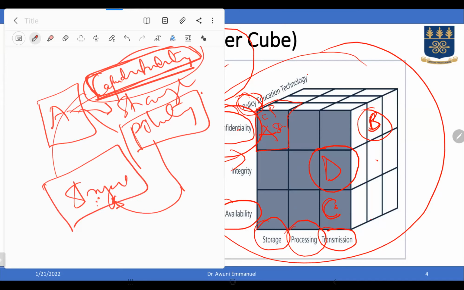One example could be that whenever we are developing a system, the database should be encrypted. We should encrypt the database. You understand? So this can be part of a policy to guide the confidentiality of the data in storage. I don't know whether I've answered you here.